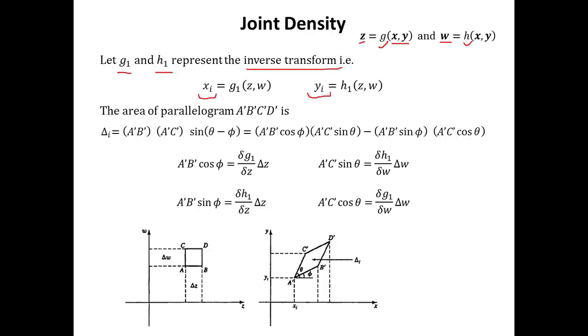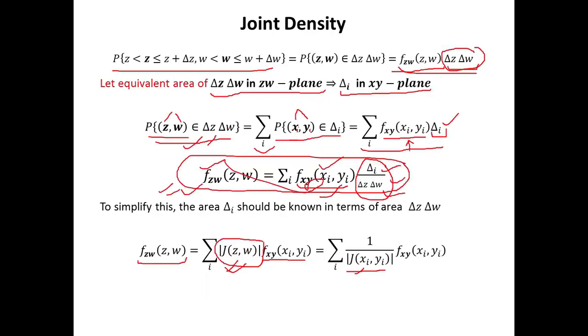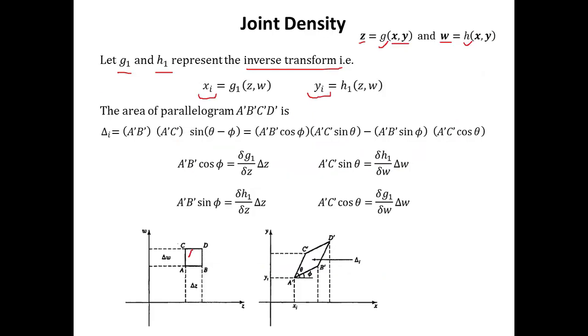Now consider that the delta z and delta w area that we considered in the previous slide, the delta Z delta W area in ZW plane, is given by this rectangle ABDC, where AB is delta Z and AC is delta W. Let us say this area in ZW plane is equivalent to the area of parallelogram A dash B dash D dash C dash in XY plane.